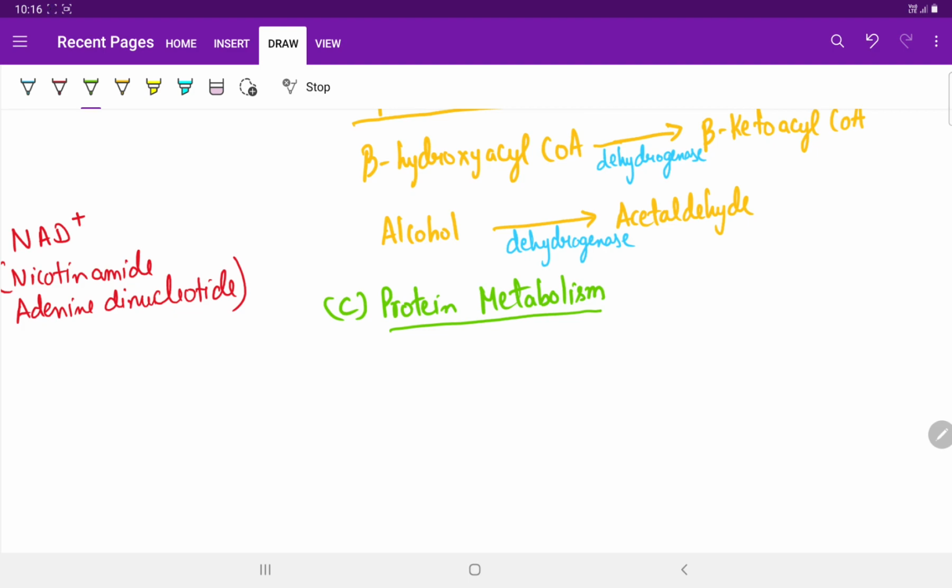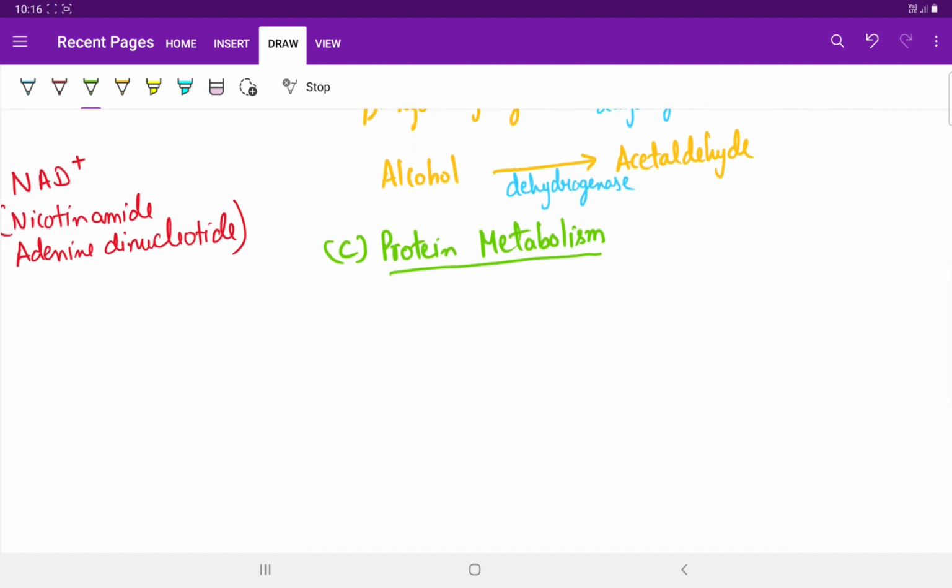Now the reactions of protein metabolism are, I shall be writing the reaction for tyramine into para-hydroxyphenyl acetate. So this is a very specific reaction in which tyramine is converted into para-hydroxyphenyl acetate.